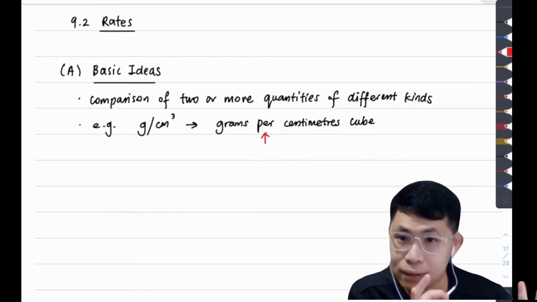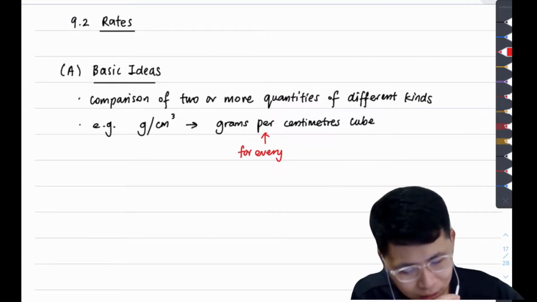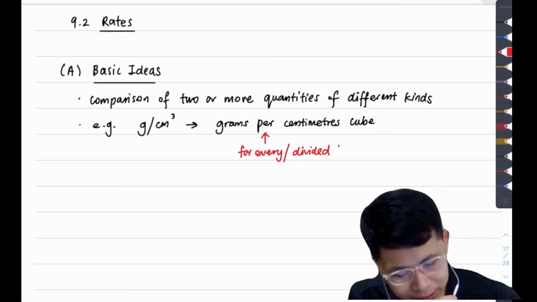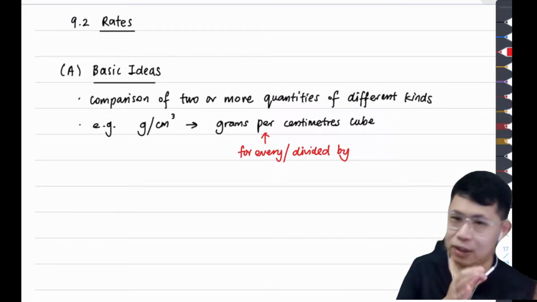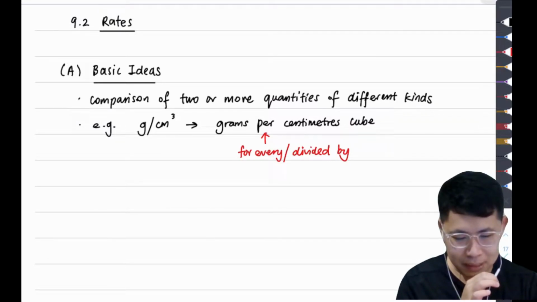This word per actually means for every, or we will normally take it as divided by. So over here, we take grams divided by centimeters cubed.